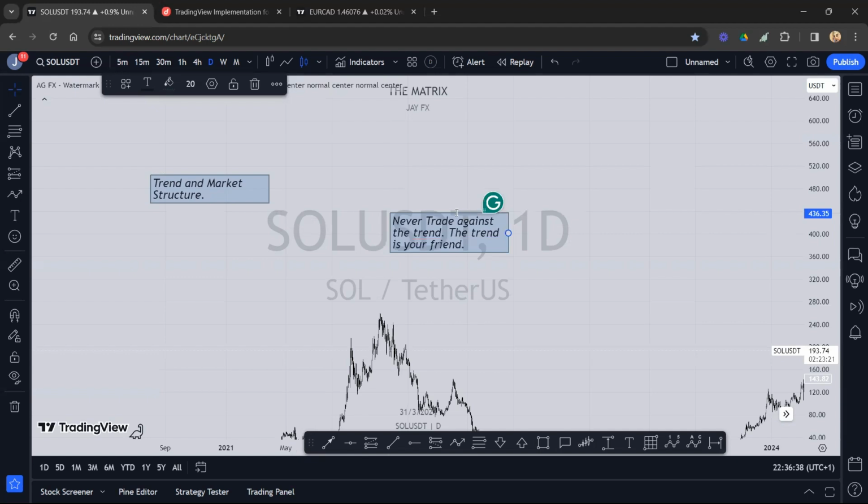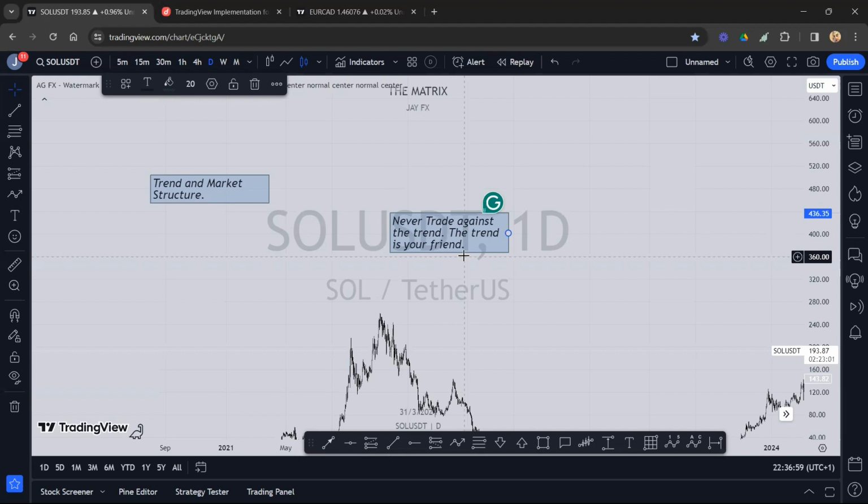Now I know most times I do trade against the trend. I'm experienced though, and I know how to risk less, let's say half of what I would risk if I was trading with the trend. But please, it is risky to trade against the trend.